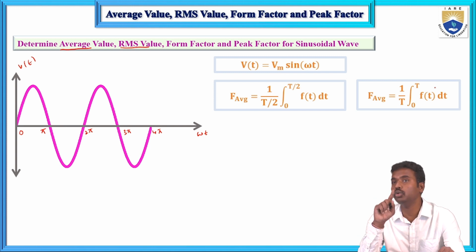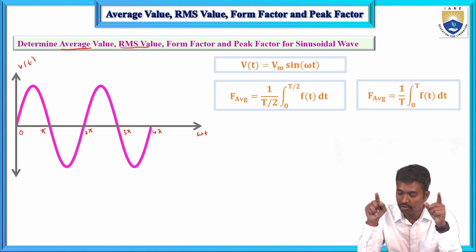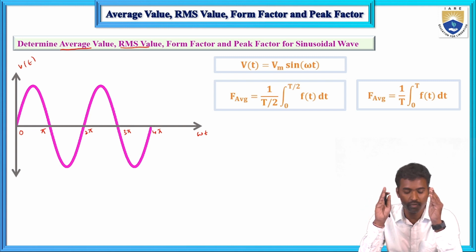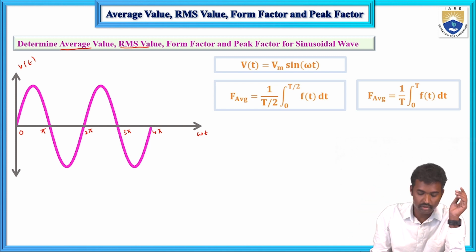So we have two formulas: for a symmetrical waveform, consider one complete alternation, and for an asymmetrical waveform, consider one complete cycle.